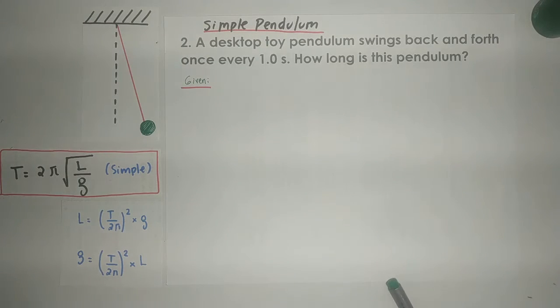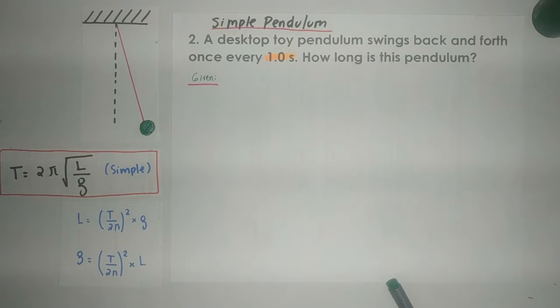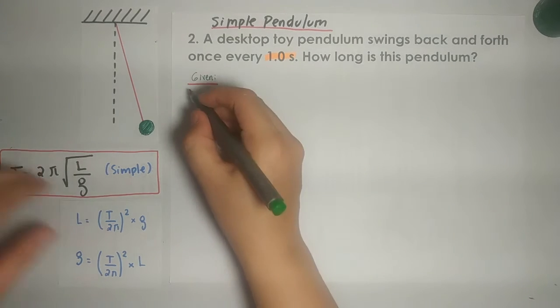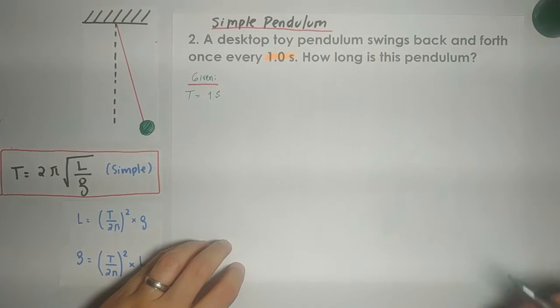The only given here is 1 second. When we talk about seconds, we talk about periods. So the first given, and the only given, is period equals 1 second.